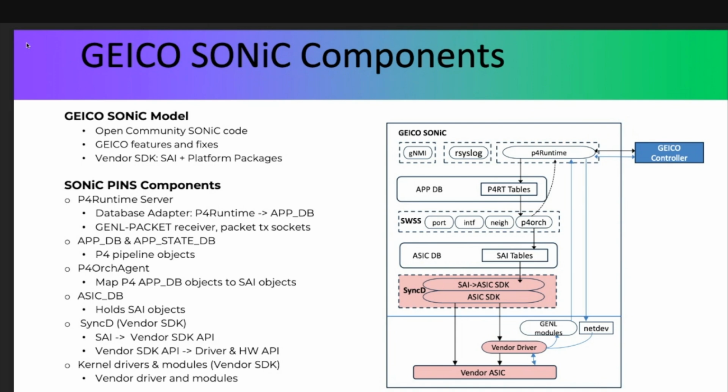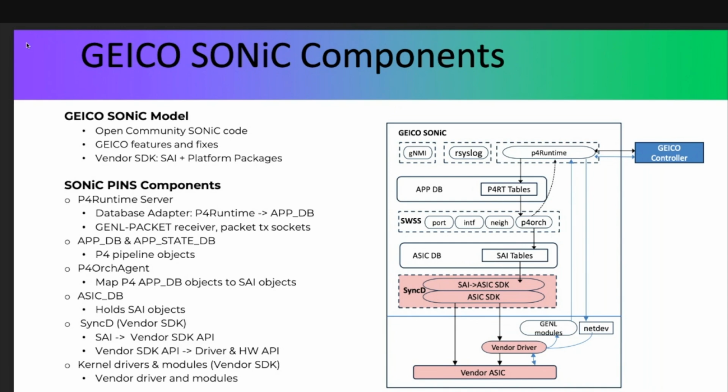So quickly, I want to go over the components of PINS, so that we can talk more on later slides. PINS has a P4 runtime server in the application layer, and that P4 runtime server contains a couple of components. It can take the P4 runtime messages and add them to P4RT tables inside the AppDB.